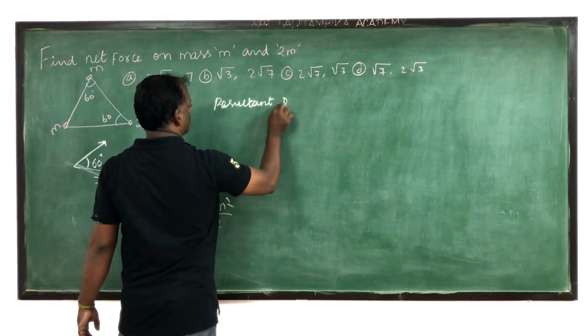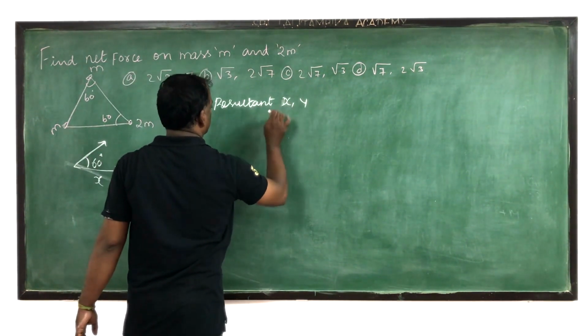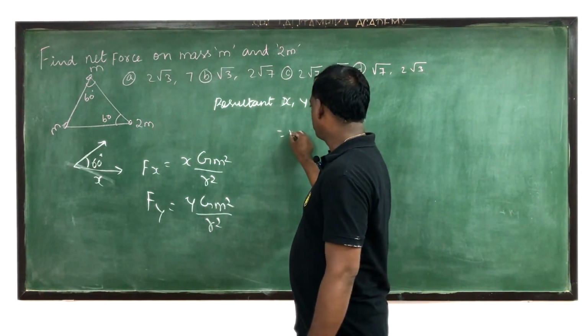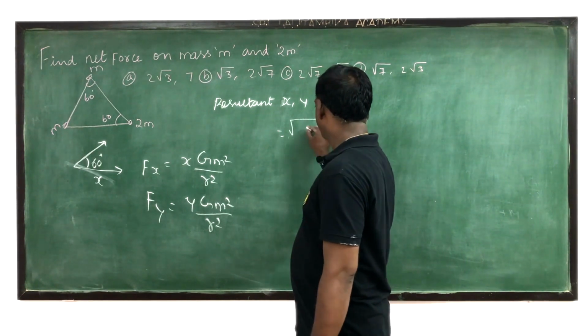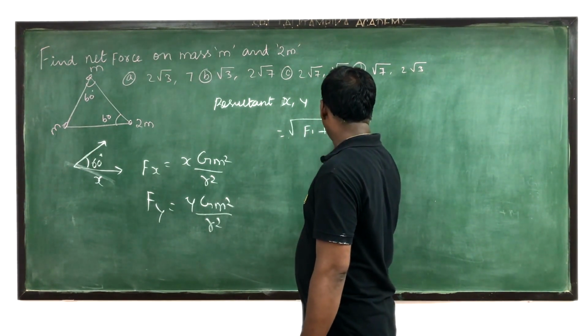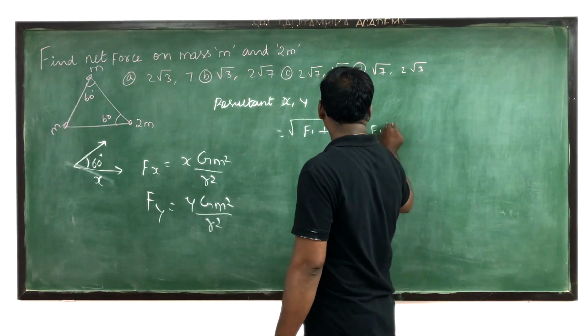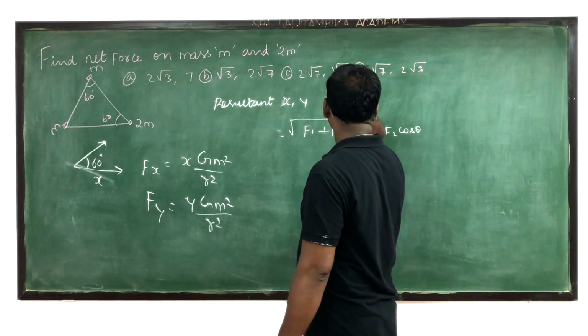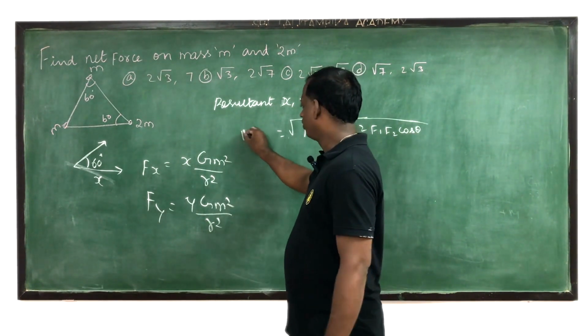for x and y. Resultant force is equal to root of F1 square plus F2 square plus 2 times F1 F2 cos theta. This is the formula for the resultant force.